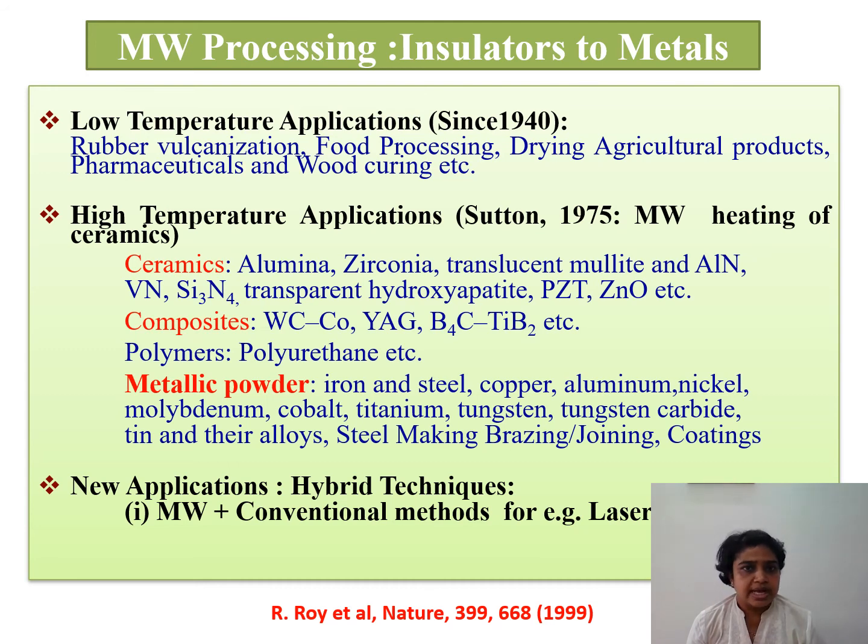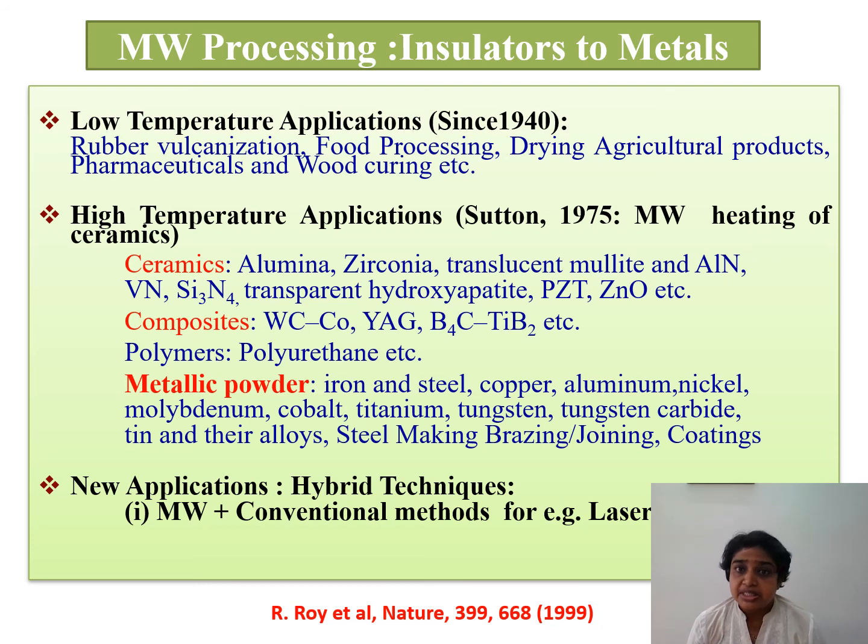As listed here, ceramics composed of alumina, zirconia, translucent mullite and aluminum nitride, silicon nitride, or transparent hydroxyapatite. This is again a very important material for dentists for making bridges and crowns.